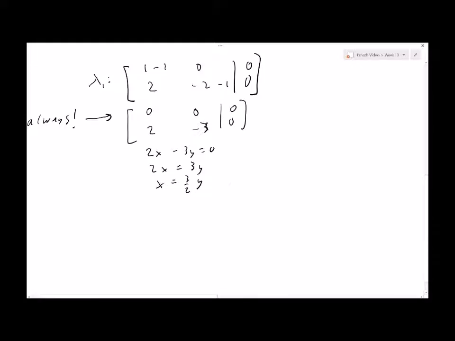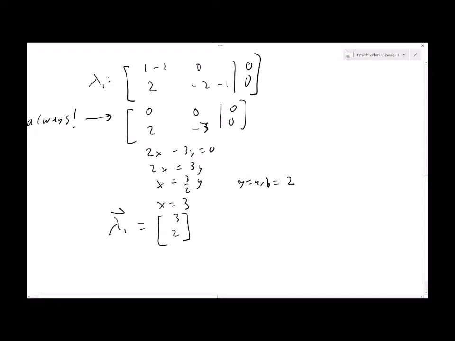I always pick y to be arbitrary, and I'm going to set it equal to 2 to cancel out that fraction, so that means x is 3. So our eigenvector 1 is going to be 3, 2. That's our eigenvector corresponding to eigenvalue 1.